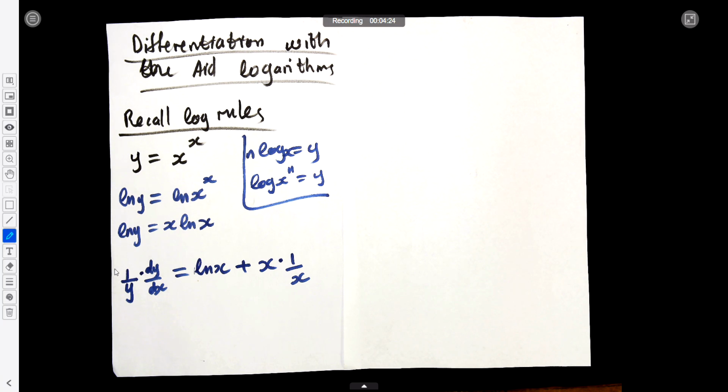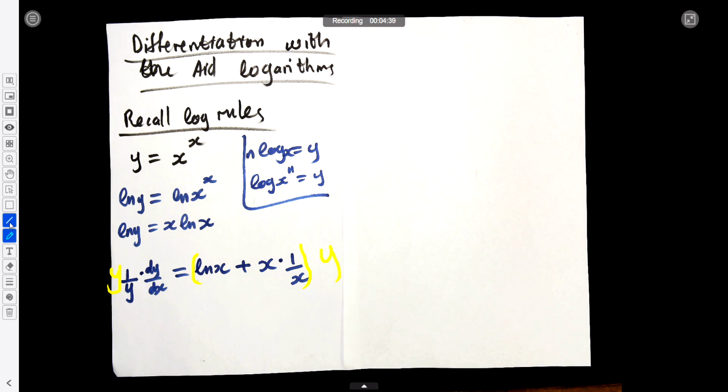So I'll multiply by y, and on the other side, I multiply by y too. We don't multiply one term, but the whole function, so both the left and right hand side we multiply.